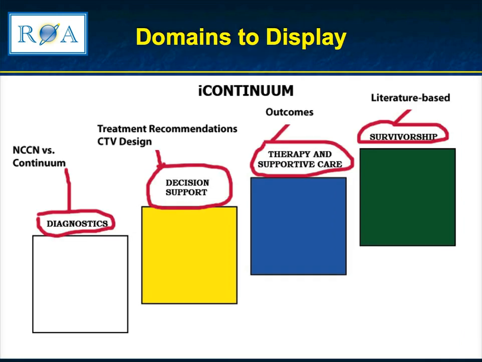So you really may want to divide this up so that you have diagnostics, and this would be diagnosis, including pathology data, imaging workup, and staging either by NCCN guidelines or what you use at Continuum. For decision support, that's what I'm specifically talking about. This would be another element that would fit in adjacent to outcomes, which would fit in under a separate category.